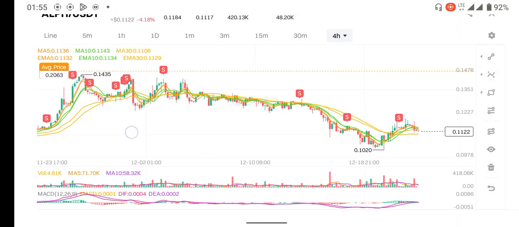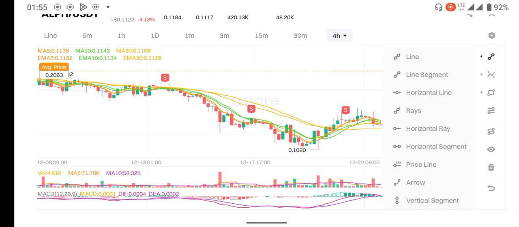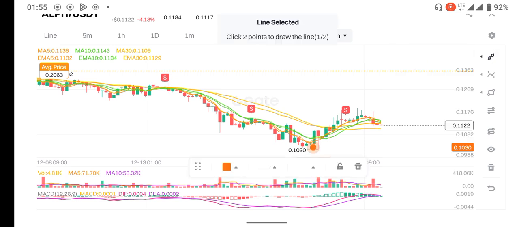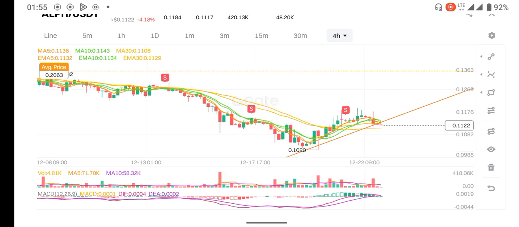In the 4 hours time frame, we have much more weight to each candle. Each candle represents 4 hours. You should note that each candle represents 4 hours. We can see that we just had an upward trend trajectory from this point to this point. It is an upward trend, which is healthy. It shows that a market reversal is imminent.